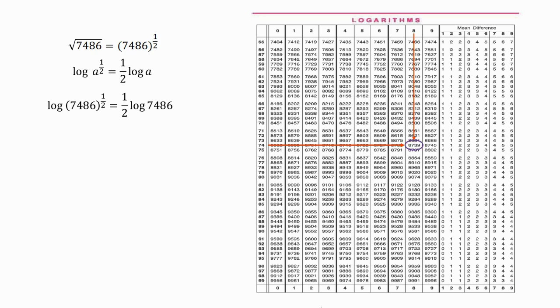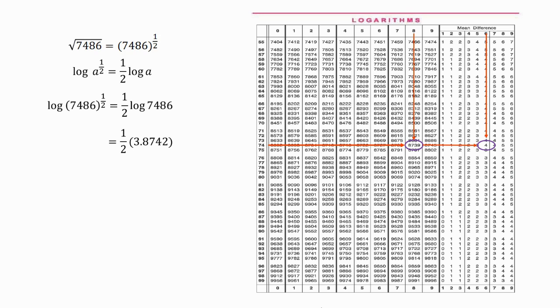Then I add the mean difference along the same 74 row under the sixth column. Now this value comes out as 3.8742, where the 3 is the characteristic and the 0.8742 is the mantissa.